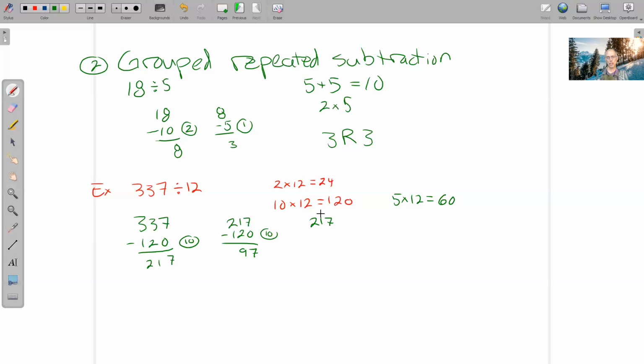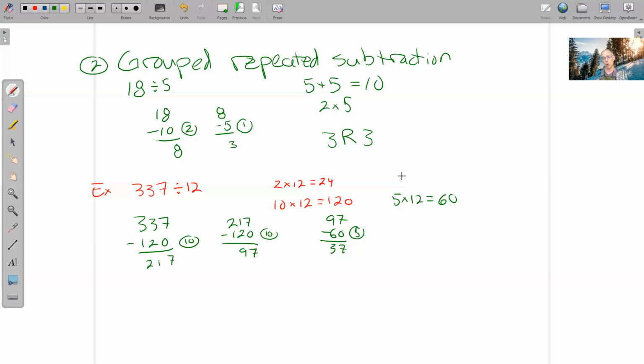So what we do is look for easy multiples to pull out. Oops, no, it should be from 97, sorry about that. Make a note, I'm taking out 5 of them. And then that's 37. And I can't take out 5, but I could take out a bunch more. And it may be the kid doing this says, oh, I'll just take out 12 and 12 and 12, keep doing it if they can.